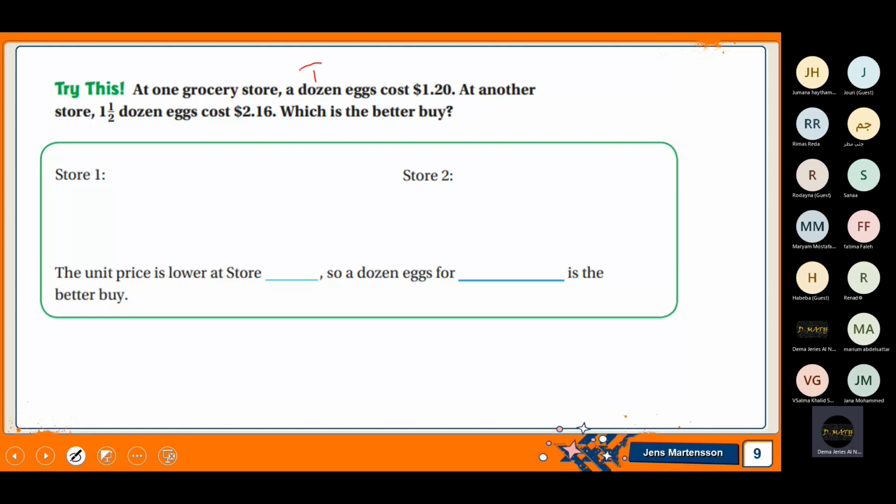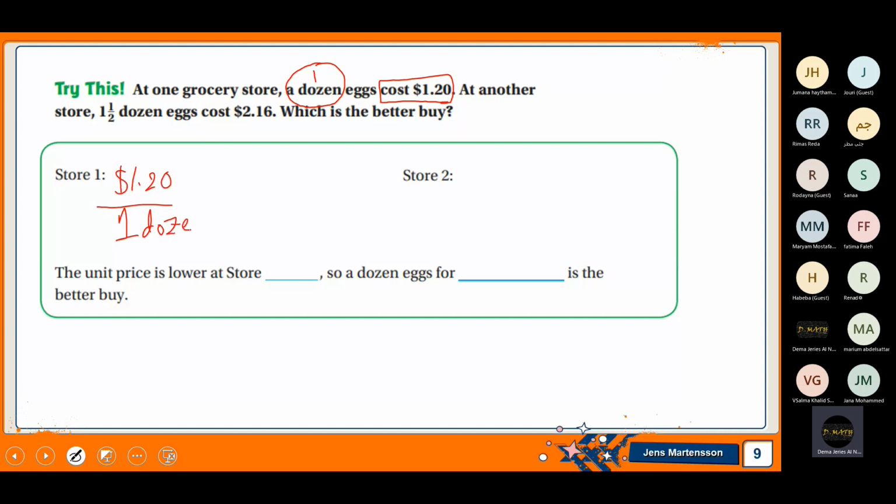I will write $1.20 over 1. Bravo. So every time write a cost per something.